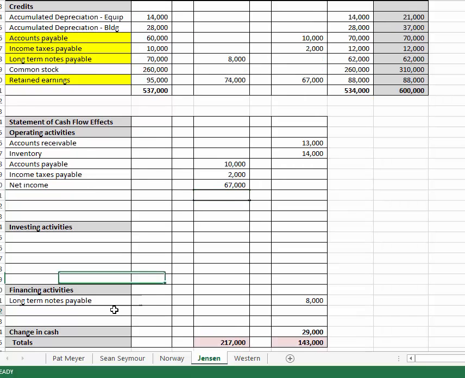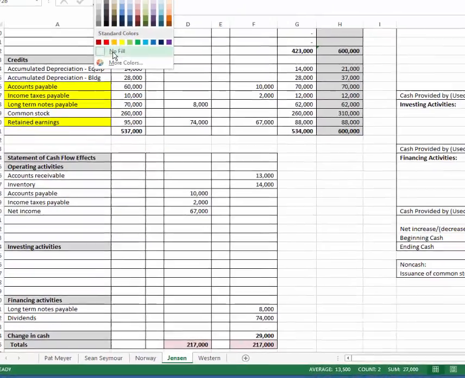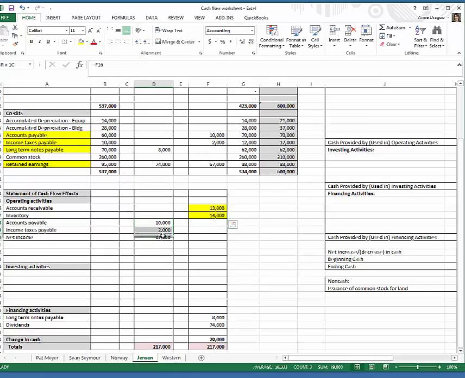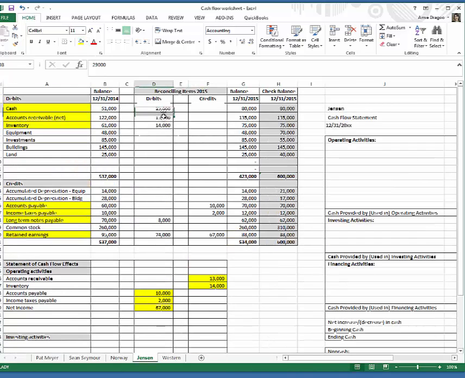And we will have dividends down in the financing section. Okay, to make these color-coded, I'm going to label all these as yellow, basically the first stage of me working through the cash flow worksheet.